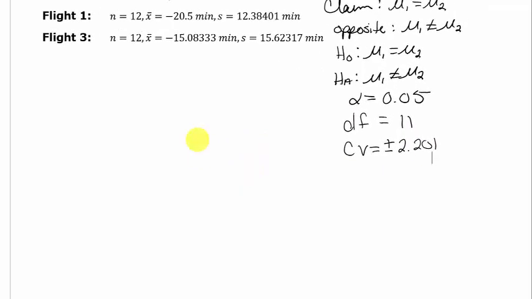Next, we need to calculate our test statistic. T is equal to x bar sub 1 minus x bar sub 2. Again, remember mu sub 1 minus mu sub 2 is almost always 0, so we don't need to write that out. Divided by the square root of s sub 1 squared over n1 plus s sub 2 squared over n2.